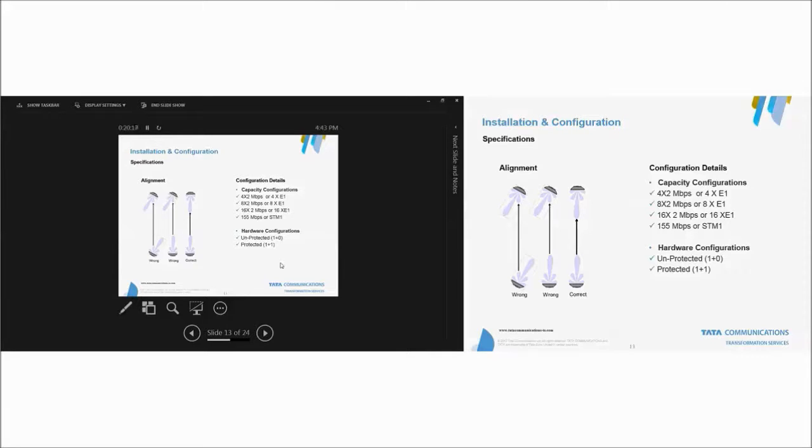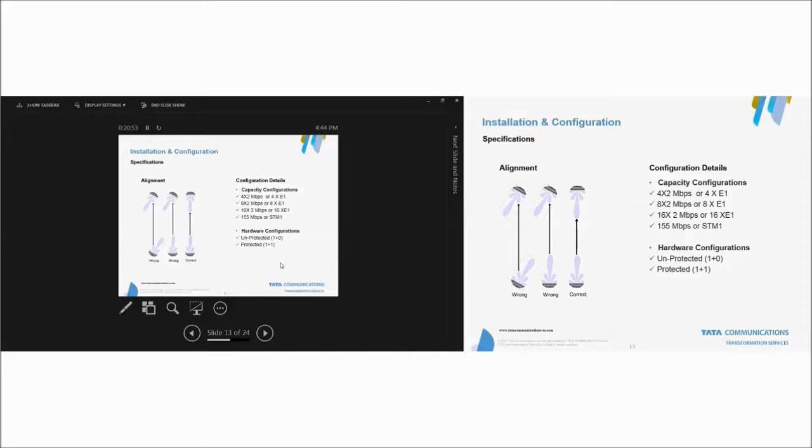Alignment should be done in such a way that the main lobe of side A is in contact with the main lobe of side B. What will happen if you align the main lobe of side A with a side lobe of side B? Even though the connection will get established and the link will show as up, there is a huge possibility of the link going down for even a small rain or some drizzle.